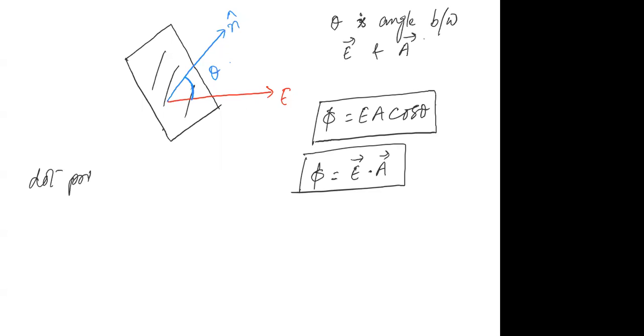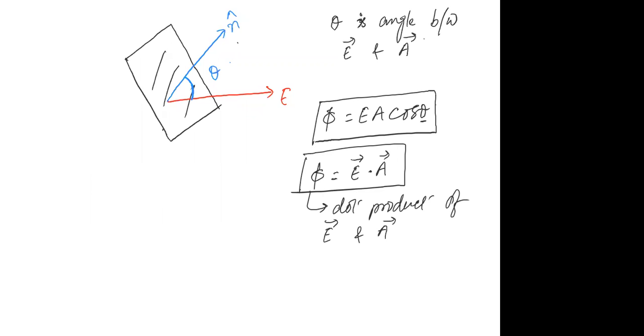The dot product of two vectors is written as AB cos theta, where A is the magnitude of one vector, B is the magnitude of another vector, and theta is the angle between the two vectors. Similarly, electric field is a vector, area is a vector, and theta is the angle between them. So this can also be written as E dot A. In other words, flux is the dot product of two vectors: one is electric field vector and another one is area vector.